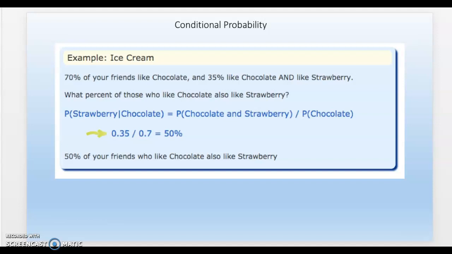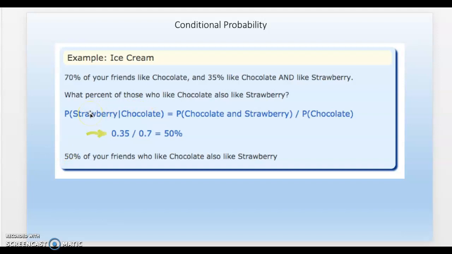As an example, if 70% of your friends like chocolate ice cream, and 35% like chocolate and strawberry, what percent of those that like chocolate also like strawberry? Well, that's a conditional probability.